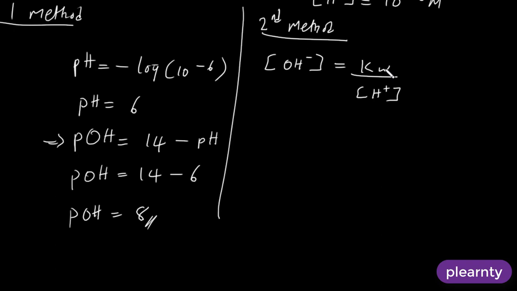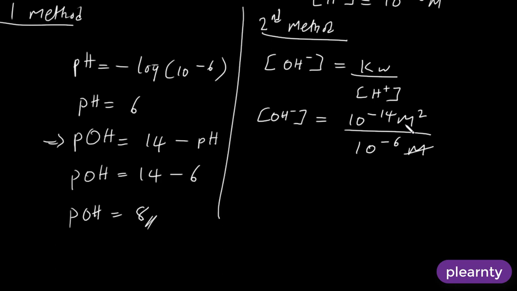Our Kw is a constant, 10 raised to power minus 14 molar square. So hydroxyl ion concentration is equal to 10 raised to power minus 14 molar square over 10 raised to power minus 6 molar. Molar cancels molar, and let's just remove the square because molar square is molar times molar. So we remove one molar, and we have one molar.